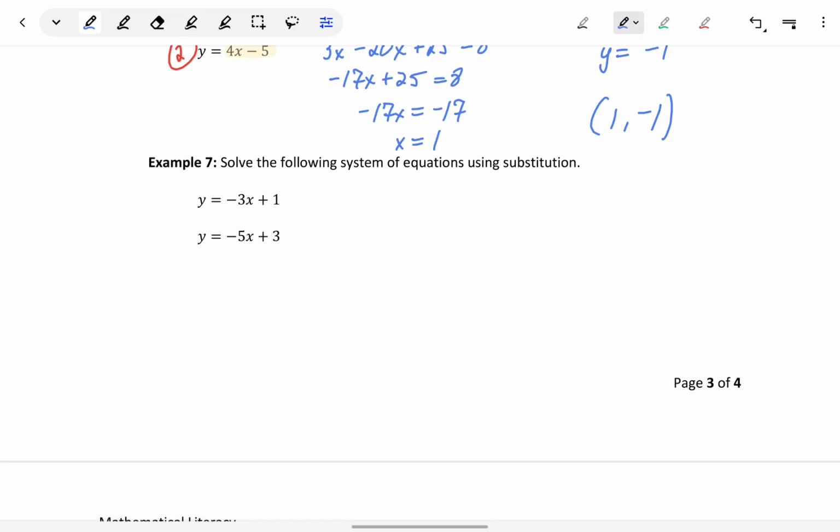In example 7, both equations are already solved for y, so it doesn't really matter which one we substitute into which equation. So in this case, we'll take equation 2 and substitute that into equation 1. So we'll rewrite equation 1 as, in place of y, we'll substitute in negative 5x plus 3 is equal to negative 3x plus 1.